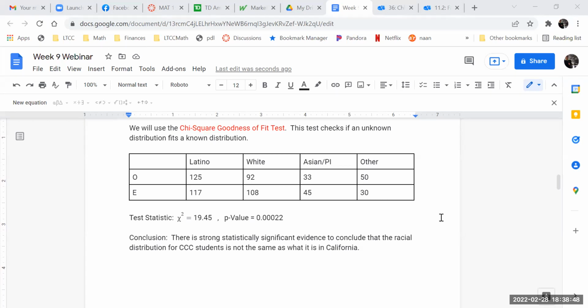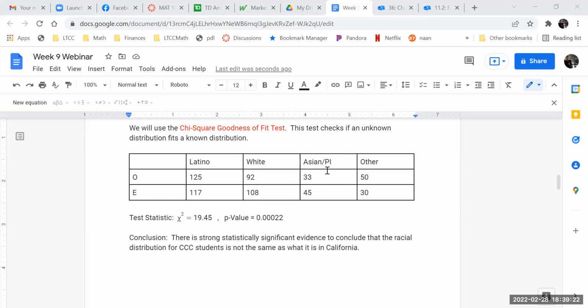I usually don't have you interpret the level of significance for these, because it's a little hard to talk about since we're not talking about a difference of means or a difference of proportions. But we should know that the p-value is small. I don't ask you to interpret the p-value because it's a little complicated. But I do ask you to do what I just did.